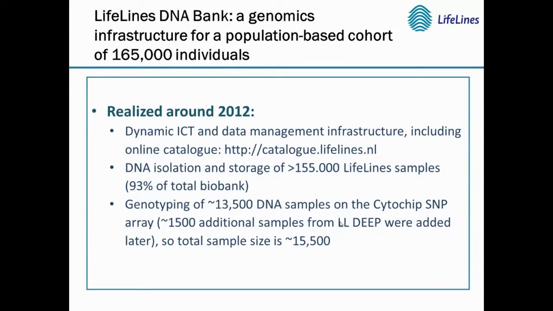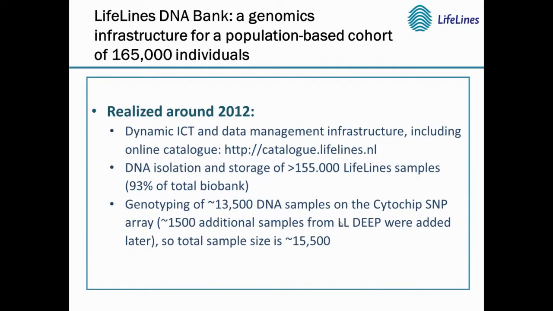So this was realized around 2012 based on this funding from NWO. So we built a dynamic ICT and data management infrastructure, including an online catalog. And you've probably heard about this, or you will hear about this, where you can just browse the data, see what's available in Lifelines.